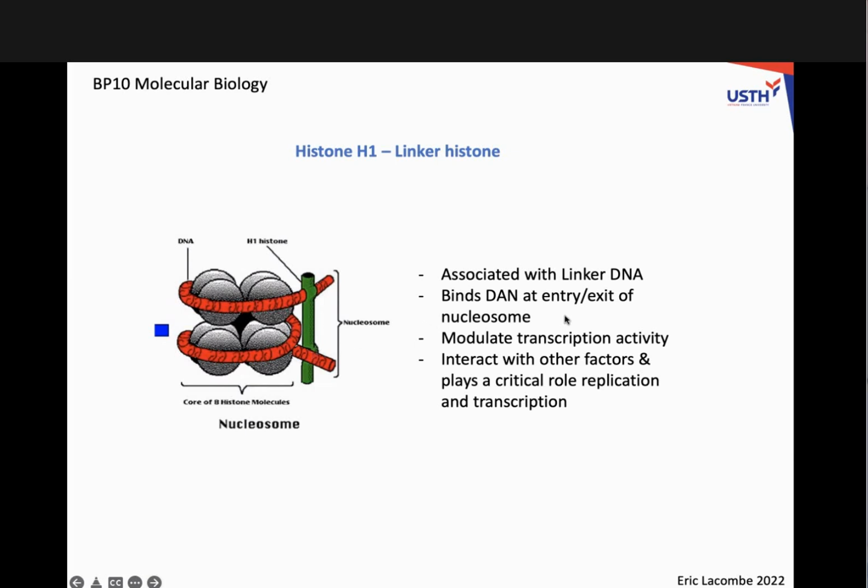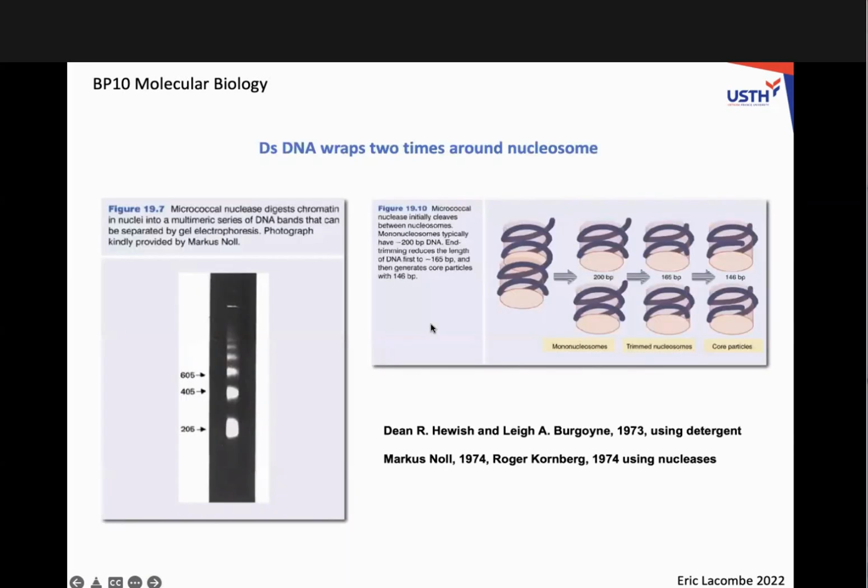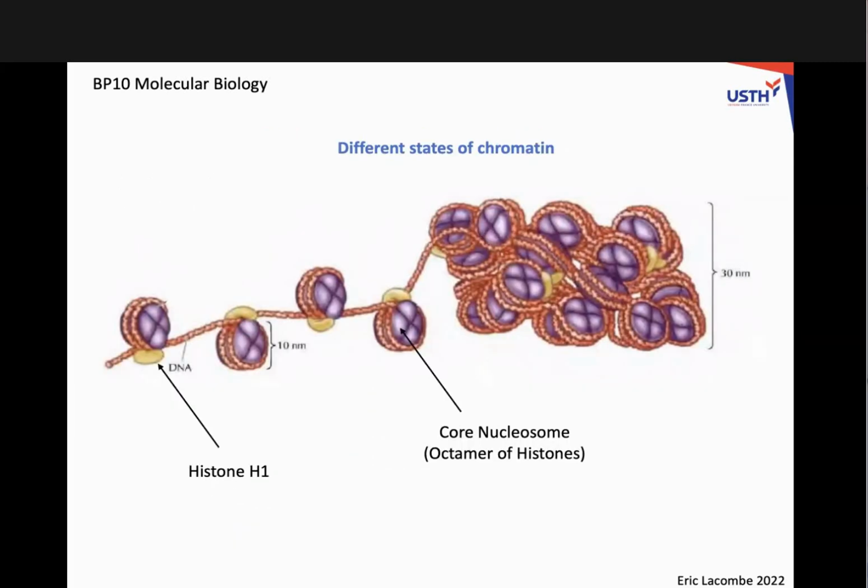Something that has been found is that H1 is responsible for modulating transcription activity. It's completely indirect evidence, but what has been found, and I was already showing you this in this slide, H1 here in yellow, it's not the only actor of this, but it participates.